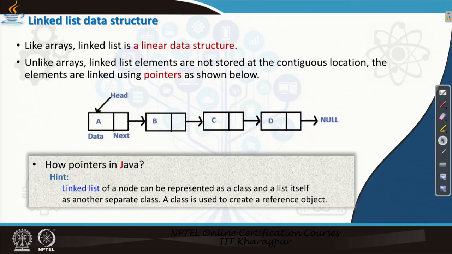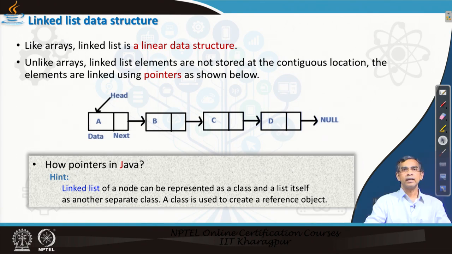Before discussing the linked list structure, note that two things have to be defined properly. For example, this is a linked list. The list itself is a structure, and this structure includes different nodes.